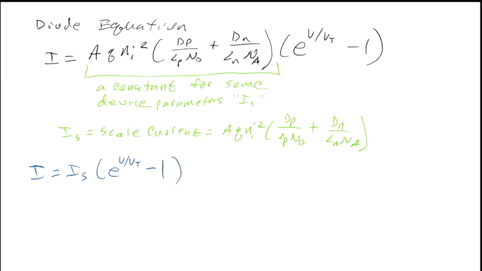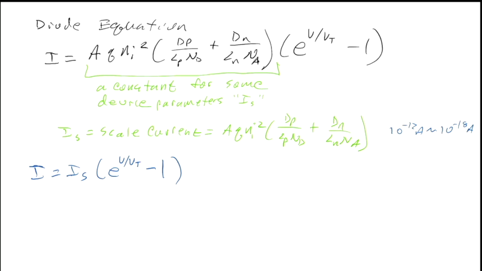And IS is often 10 to the minus 12 amps to maybe 10 to the minus 18 amps. It's a relatively small number. It could be bigger, it could be smaller. It depends on physically how big the diode is. So if you're working with power systems and in cars and stuff, the diode's area might be quite large. If you're thinking about an integrated circuit, then the diode's area could be fractions of a micron.